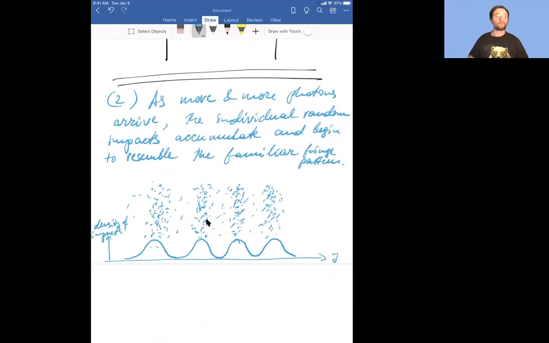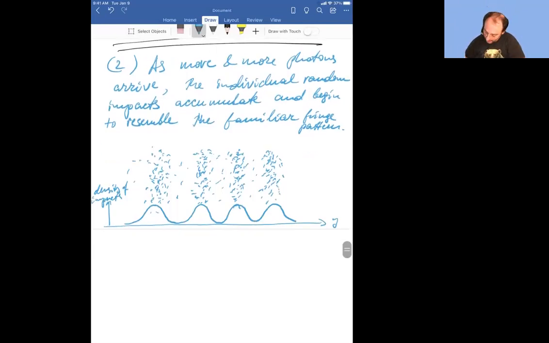Because it's a random process, you can think of the density of impacts as a proxy for probability, where the next particle is going to land.